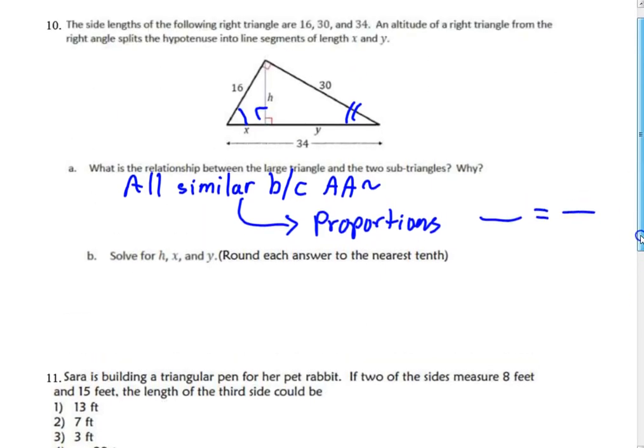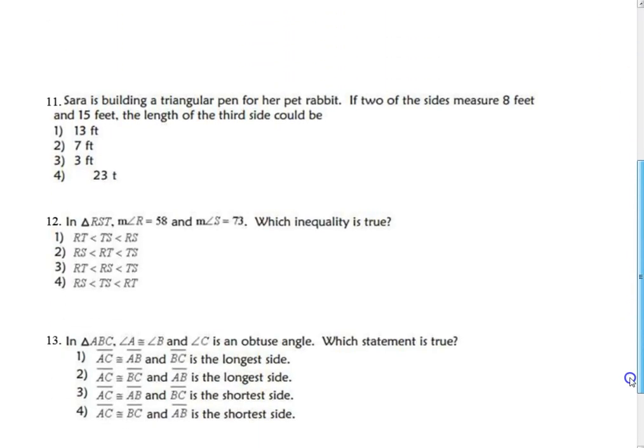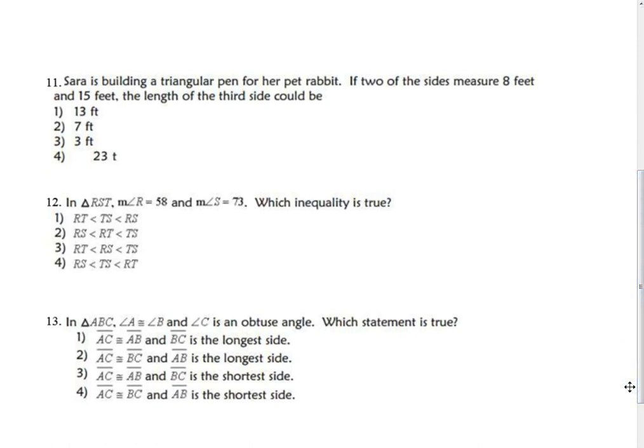All right, so again, we just did a bunch of this, so I'm going to jump to 11 here. Sarah is building a triangular pen for her pet rabbit. If two of the sides measure 8 feet and 15 feet, the length of the third side could be, well, we did this one earlier, right?